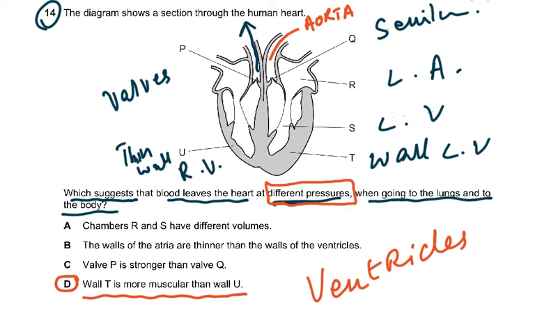It is thicker than the right ventricle, and that is why it is able to pump the blood with a lot of force. Just like in cricket, when he's bowling, he needs a lot of muscle power in his arm to throw the ball very fast and get the batsman out. So wall T is more muscular than wall U. So the answer was D.